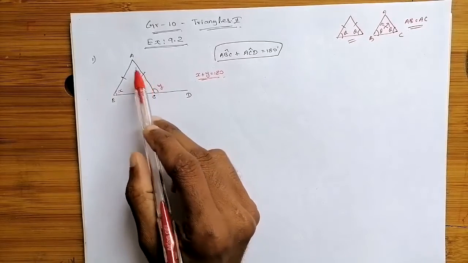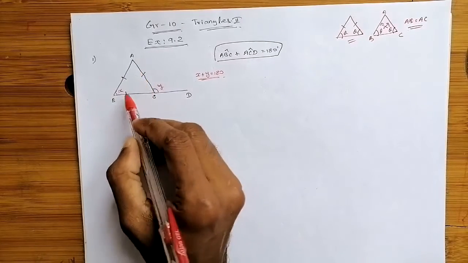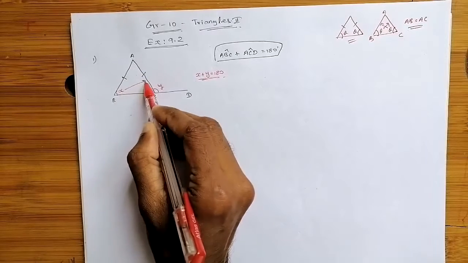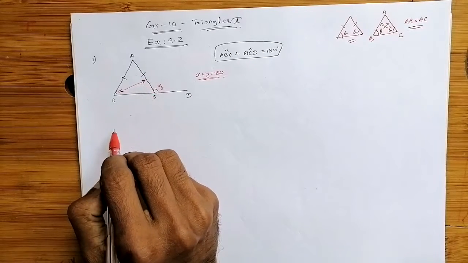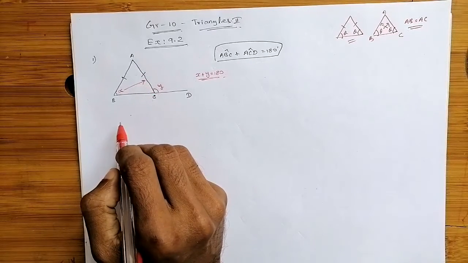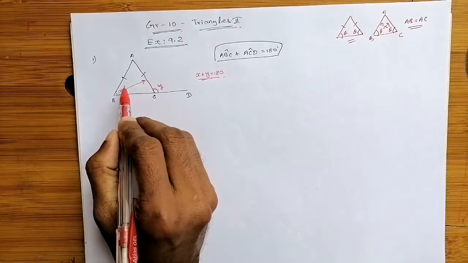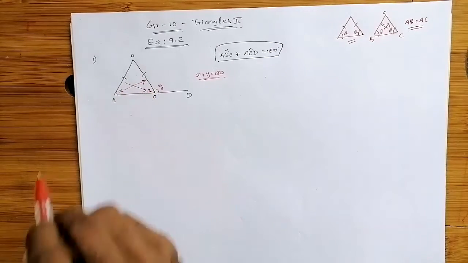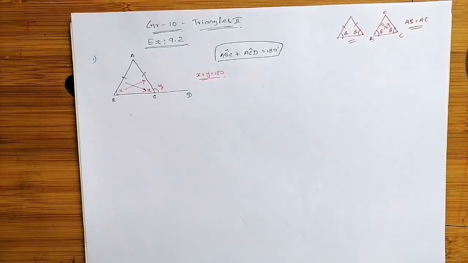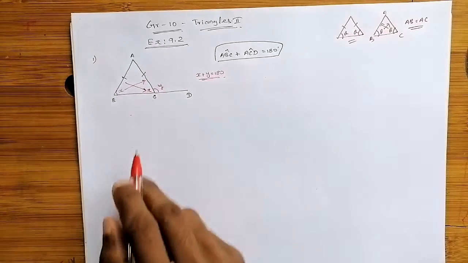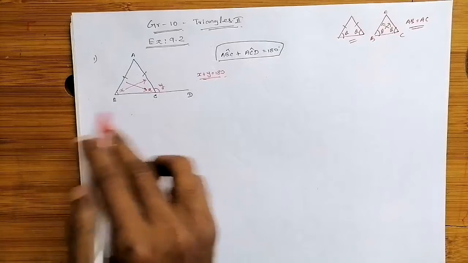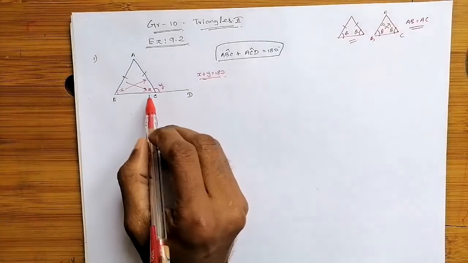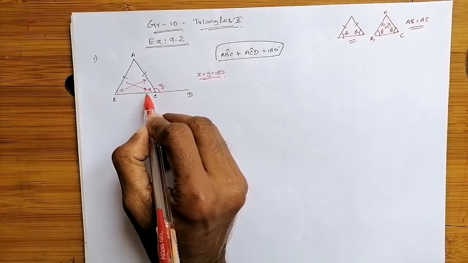So the opposite angle of AC is X. Through the theory, the opposite angle of AB is also going to be X, because angles opposite to equal sides are equal. So AB and AC are equal sides, so the opposite angles are equal. So now we have an X here.